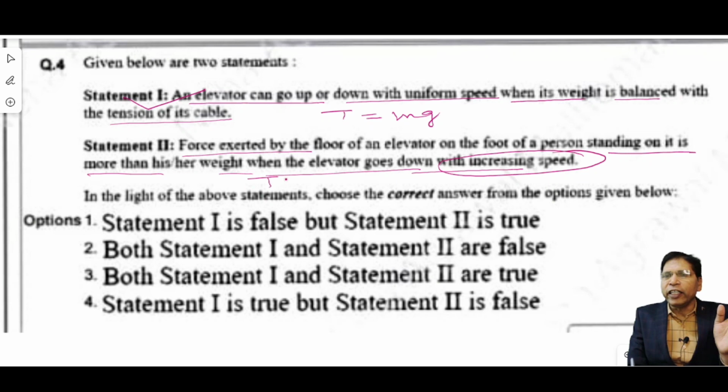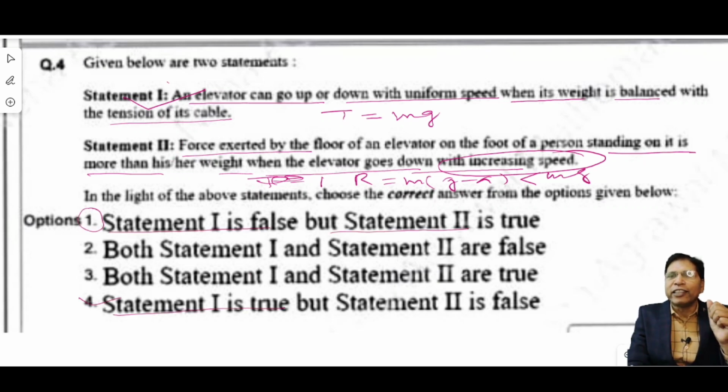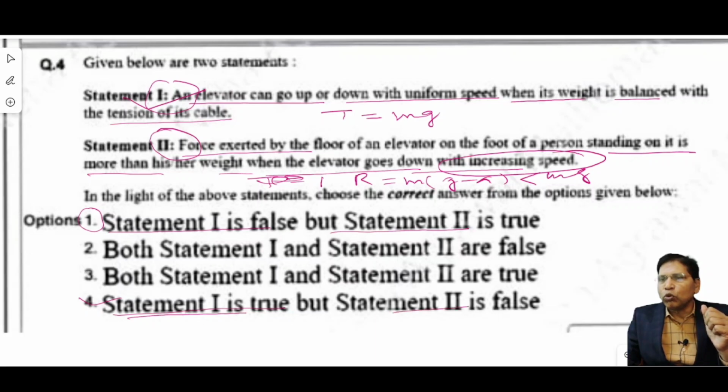So here reaction R equals m into g minus a. Look at this, this is less than mg. So this is the incorrect statement. So look at this, statement 1 is true and statement 2 is false. So option 4 is correct.